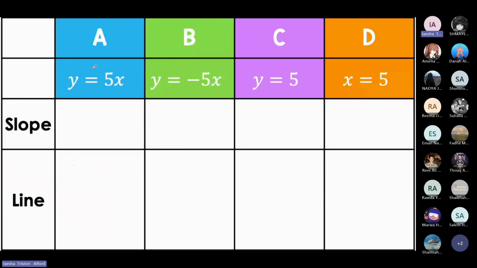So for A, what would be the slope for that? It should be positive 5. What kind of line should you have? Positive, right? For B, what's the slope for that? Negative 5. For C, what is your slope?